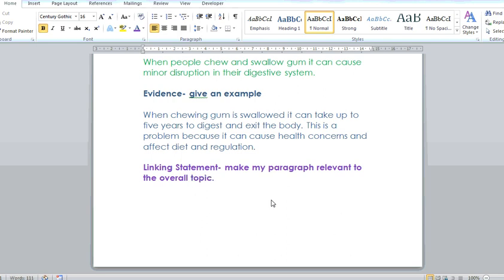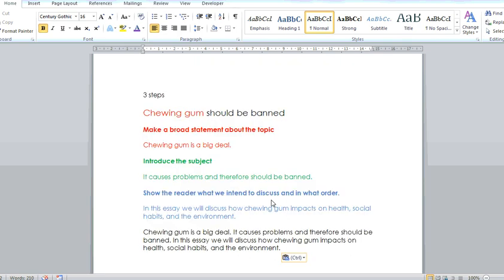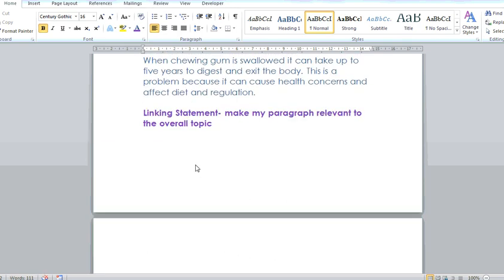So in this case, once again, using fairly simple language, I'm just going to say, oops, I've accidentally pasted something there when what I meant to do was change from bold. I'm saying here, we have shown why chewing gum should be banned. Okay, and there we have it.